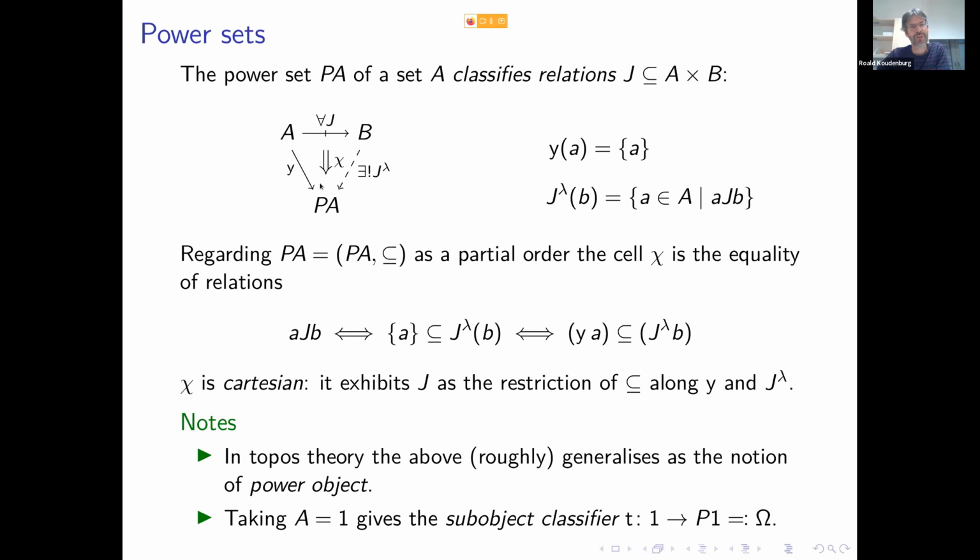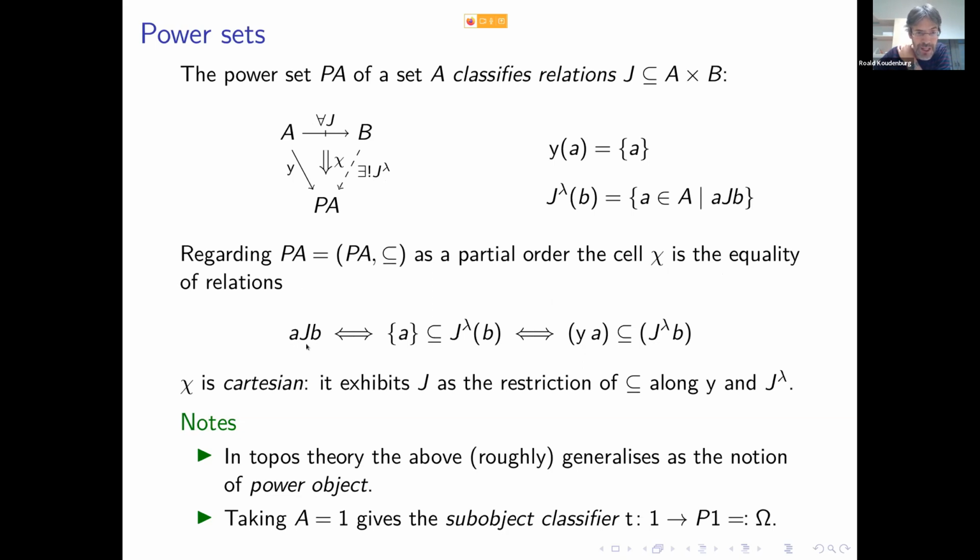So to do that, we need to move up one dimension. We need to regard the power set as a partial order under subset inclusion. And then this cell chi is an equality of relations, the equality of J and this subset relation on PA restricted on the left along Y and on the right along J lambda.